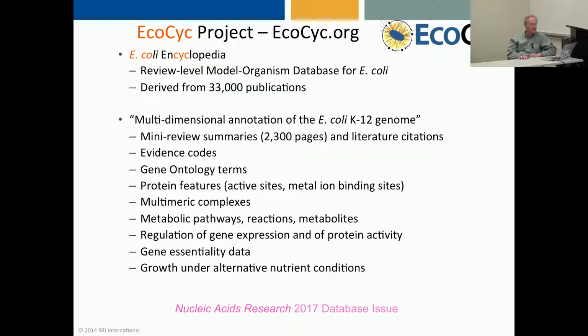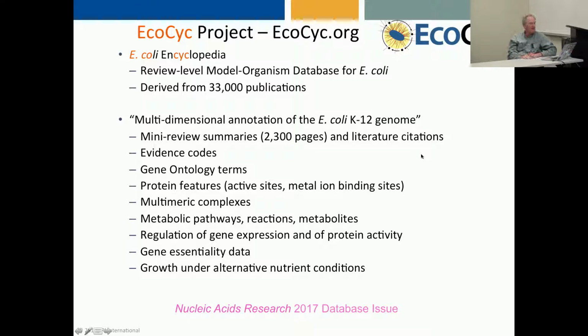Over the years, they've extracted information from 33,000 different publications. And we know that because the database cites those 33,000 publications. So when we extract information, the database will cite the source of that information. And these are among the different types of information that are present in EcoCyc, and we've discussed a lot of this already.